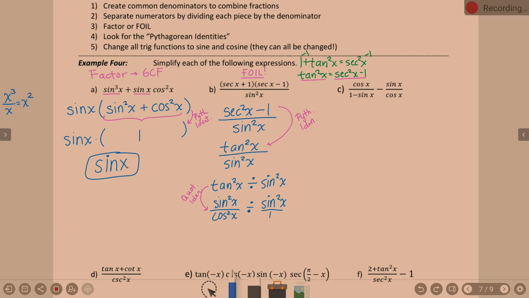How do we do a fraction divided by a fraction? Well, the middle school voice in your head says keep, change, flip, right? So we're going to keep sine squared x over cosine squared x. I'm going to change division to multiplication, and I'm going to flip, and it's going to be 1 over sine squared x.